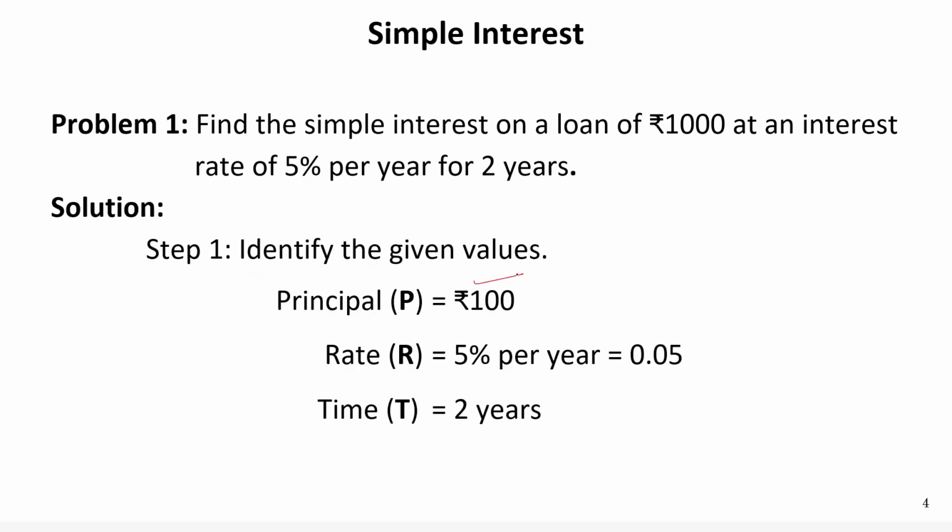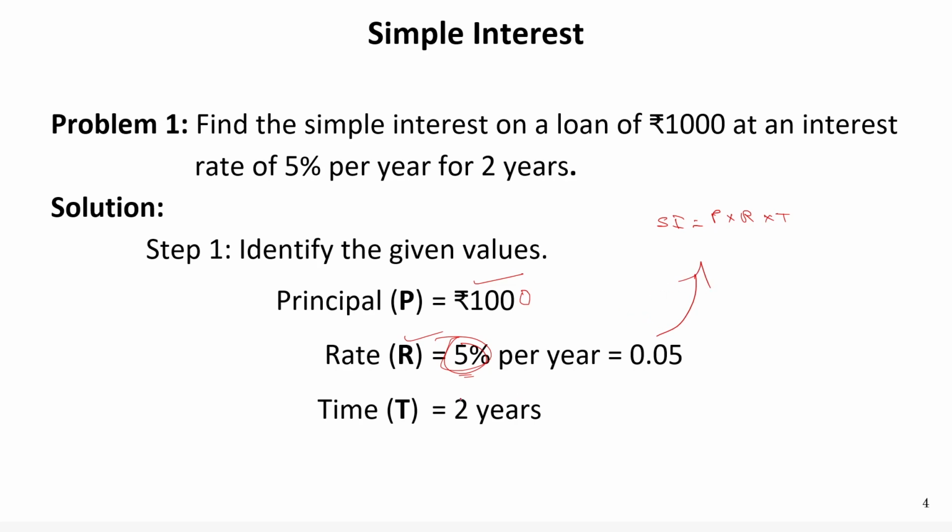So principal is 1000. The rate is 5% or 0.05, but here we want it in percentage form, not in decimal form. If we convert this to decimal form, what will be our formula? Simple interest is equal to P into R into T, if it is in decimal form.